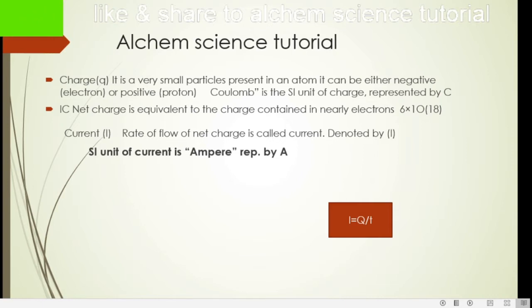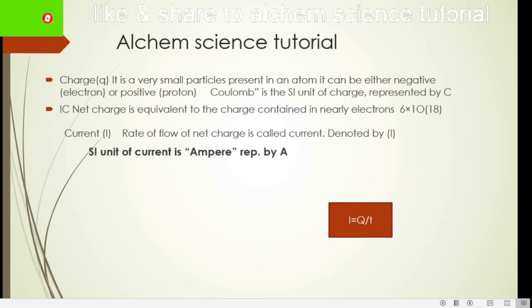If you want to measure the charge on any material such as an atom or molecule, it is measured in coulomb. Coulomb is the SI unit of charge, and charge is represented by the capital C.